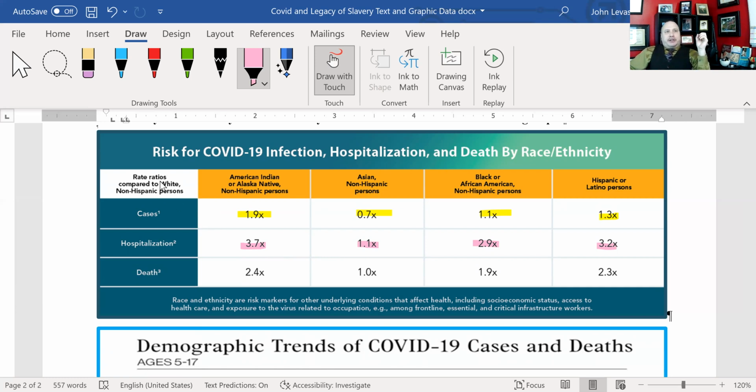So we just assume that the white Americans are 1 for all of these numbers. And the death rate, 2.4 times more likely to die for Native Americans. Same percentage, or 1 times as likely, essentially the same number for Asian Americans, 1.9 or twice as likely for Black Americans, and 2.3 for Hispanics or Latinos.